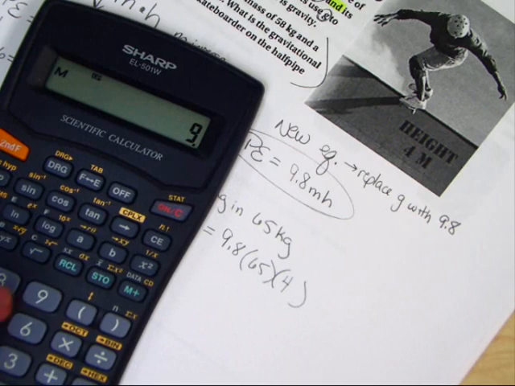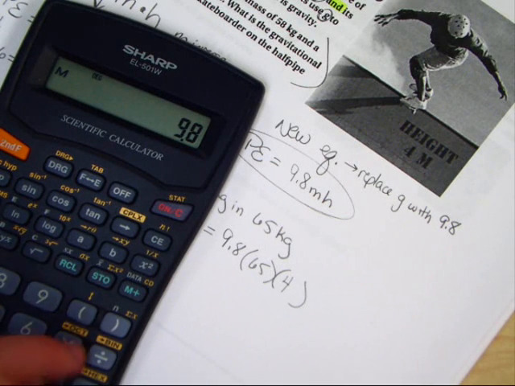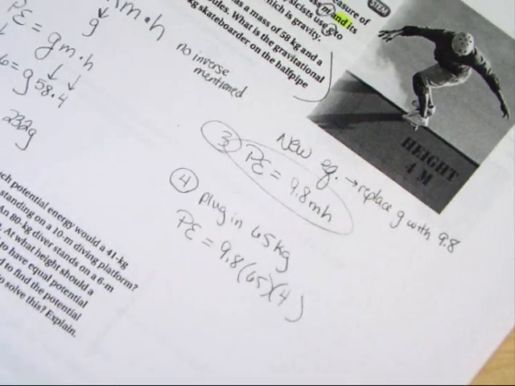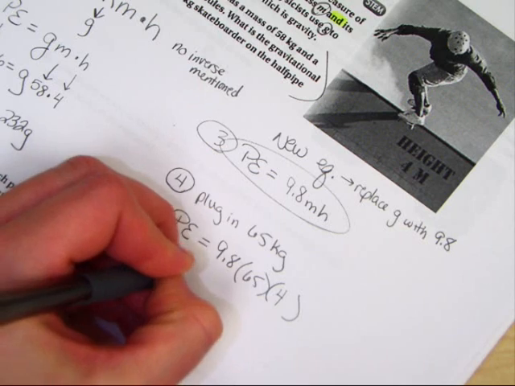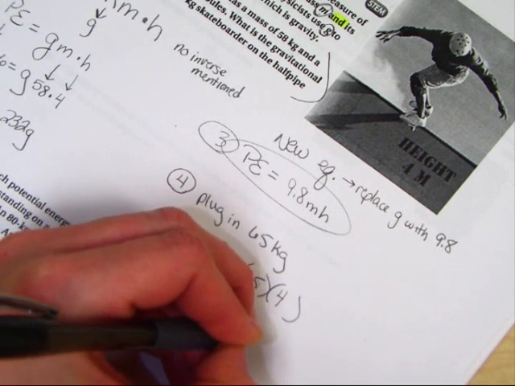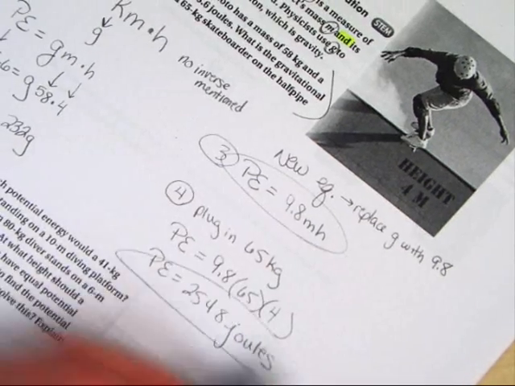So let's plug it in. 9.8 times 65 times 4, and I get 2548 joules. And that's a measure of energy, that label.